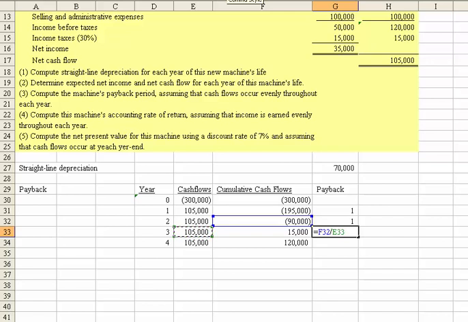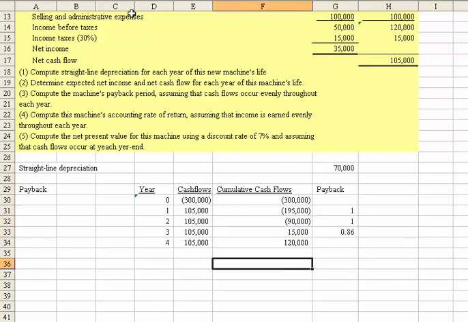And what that's telling us is the 90 divided by the 105 is that portion of the third year that it took before we went positive. Okay? Now I would enter this as a positive amount though, and now we know that it took 0.86 of the third year.